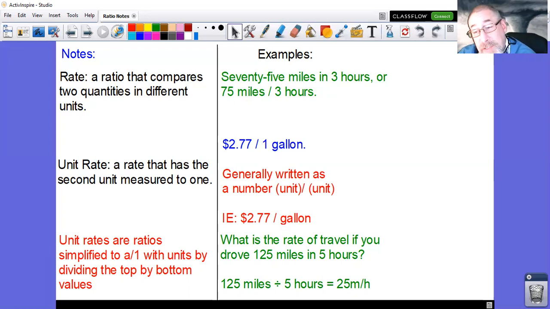So if we look at our 75 miles in 3 hours, we can make that into a unit rate. 75 divided by 3, we know is 25, so we were traveling at 25 miles per hour.